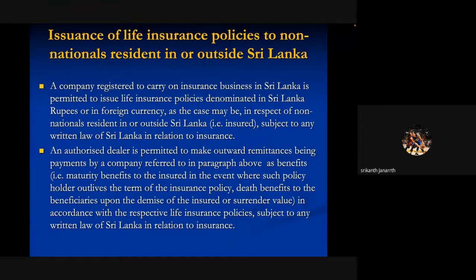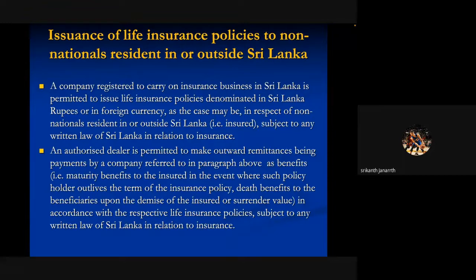When there is a maturity, that means the insured outlives, survives until the maturity period of the life policy, then with the bonus or whatever, everything should be sent to the insured. So that money can be sent.